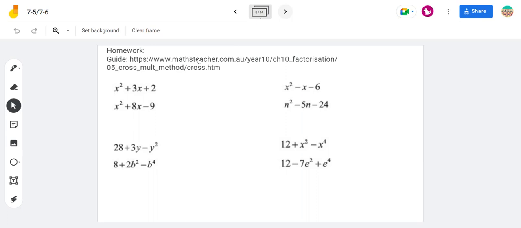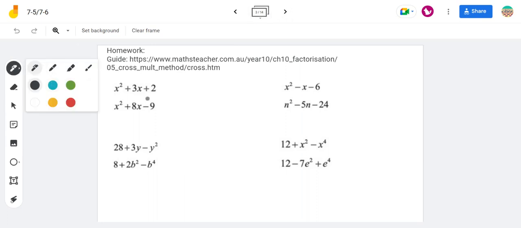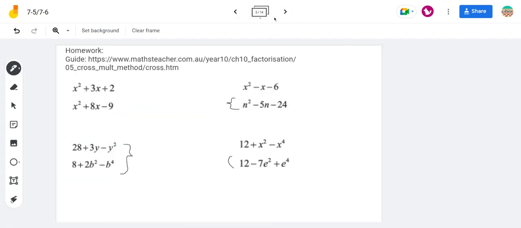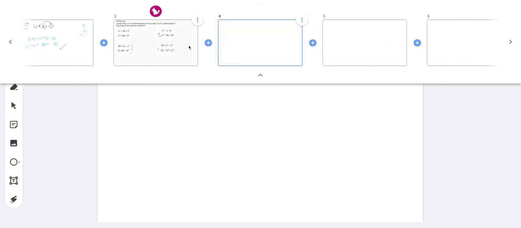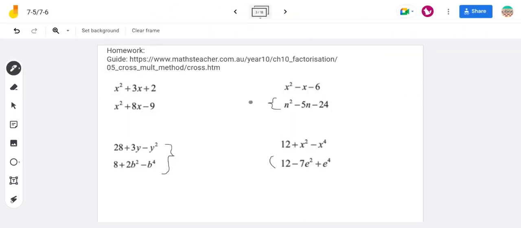Let me choose. So the slide number 3 we can do this one and these two and then this one. So we can do it on the next 4 pages. Okay, so this one and these two and then this one.